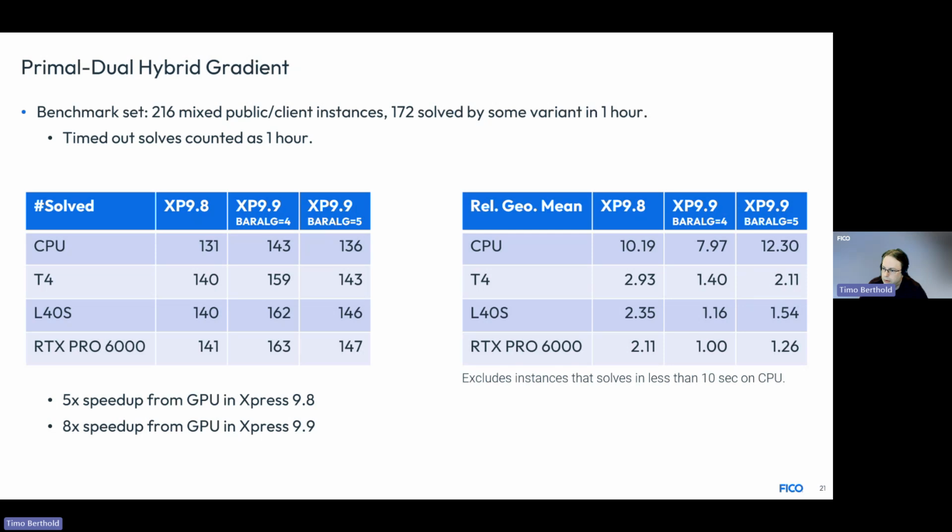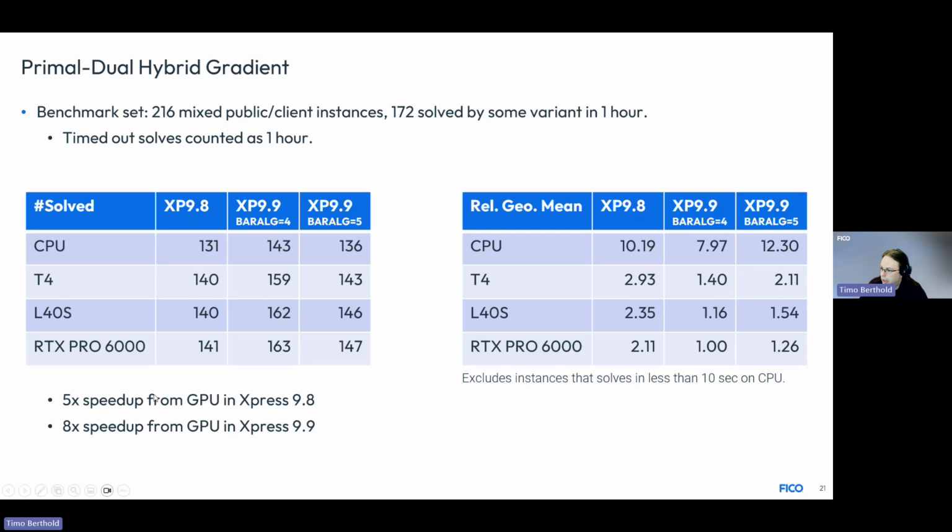We tested on a few different GPUs available in Amazon Web Services: the T4, which has been around for a couple of years, the L40S, which came out about 1 to 2 years ago, and the very recently introduced RTX Pro 6000, which is based on the new Blackwell architecture with some 96 gigabytes of GPU memory, I think.